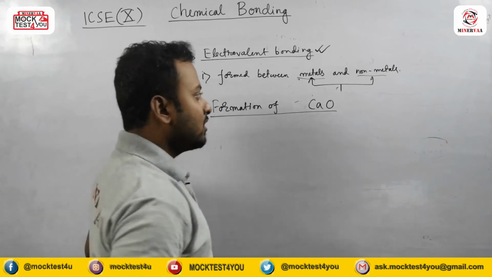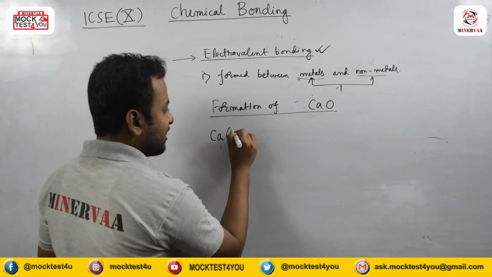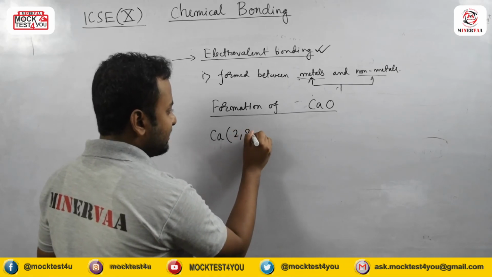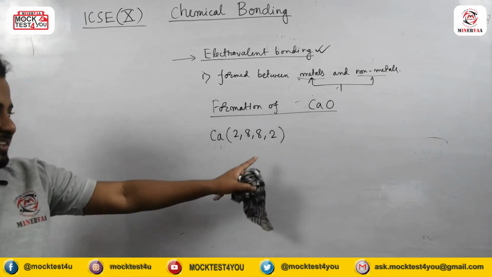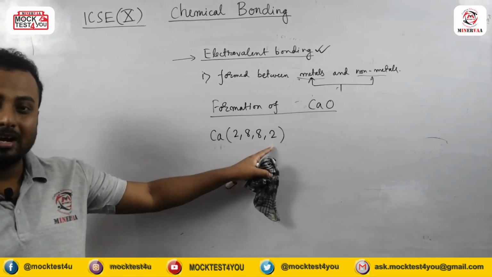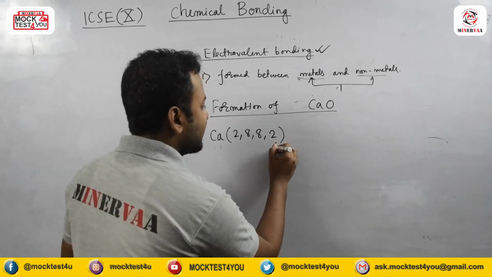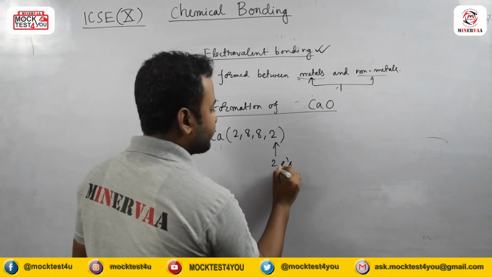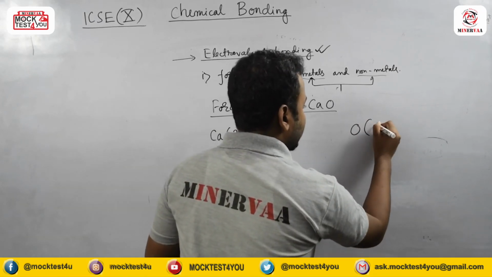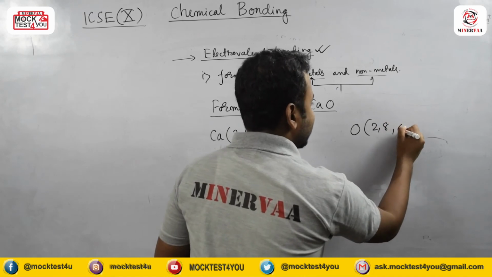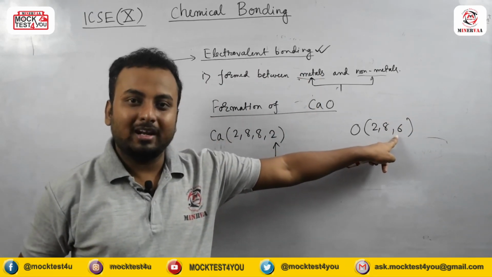They will tend to complete their octet. Calcium's electronic configuration is 2 8 8 2, so you can easily see that it has 2 electrons in its valence orbit. And oxygen's electronic configuration is 2 8 6, so it is short of 2 electrons to attain its octet.